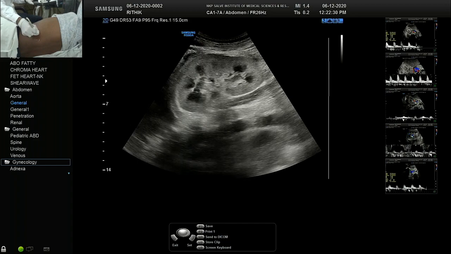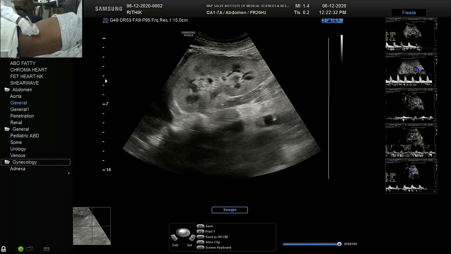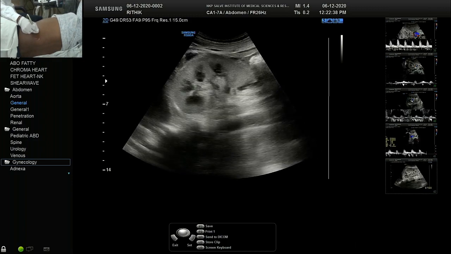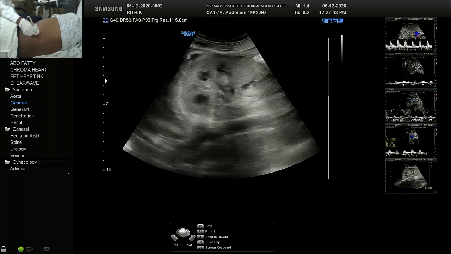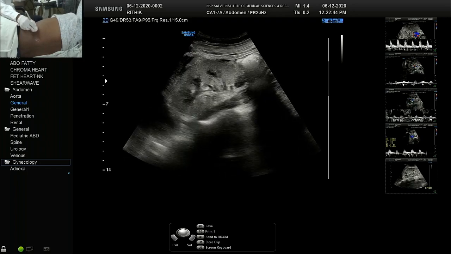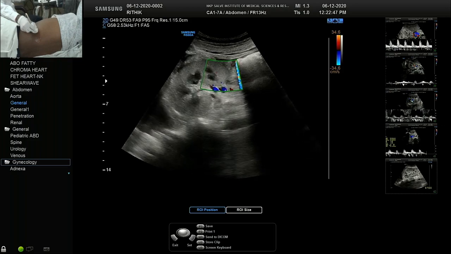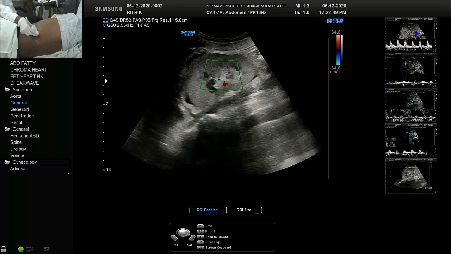The kidney size was 10.6 there, it is 10.1, so there is no significant difference in the kidney size. So he probably doesn't have renal artery stenosis. Still we will try to do quick evaluation of segmentals here.